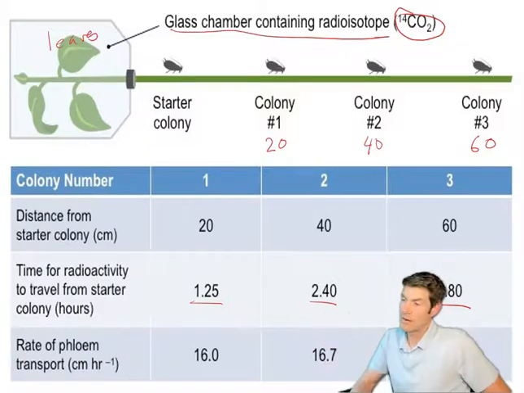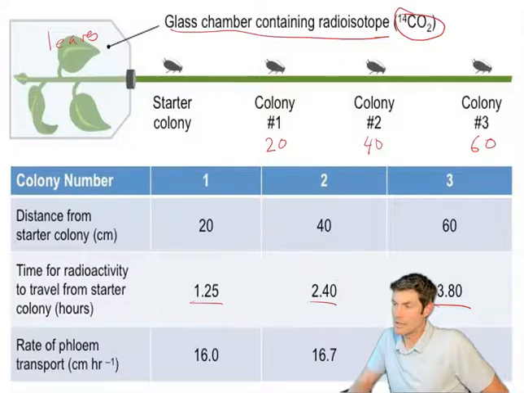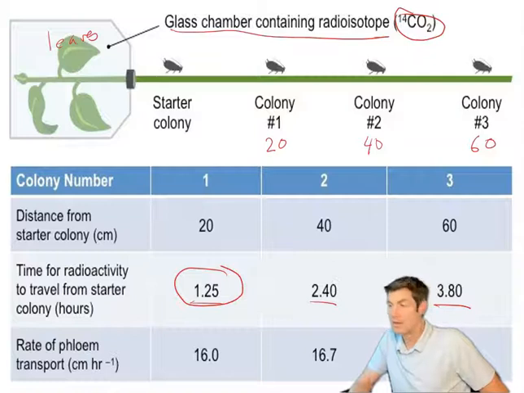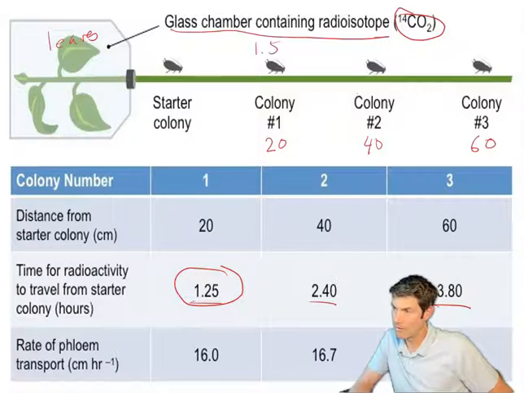So what you see down here, just 20 centimeters away, it took 1.25 hours, and then about 1.5 hours to get here, and then about 2.6 hours to get there, and then 3.8 hours.